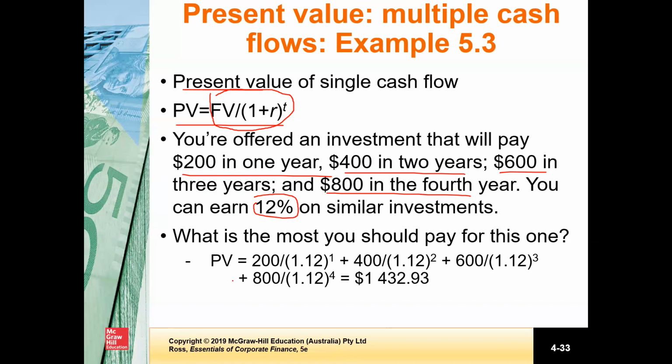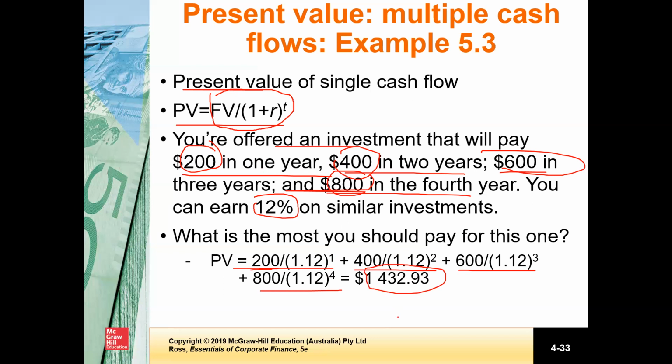So you can see that present value is calculated here. So this is the present value of the first payment, which is 200. This is present value of the second payment, which is 400. Then present value of the third one, which is 600, and present value of the fourth one. Okay, and you can see that the present value of the entire cash flow is just the sum of all these four present values, which is 1,432.